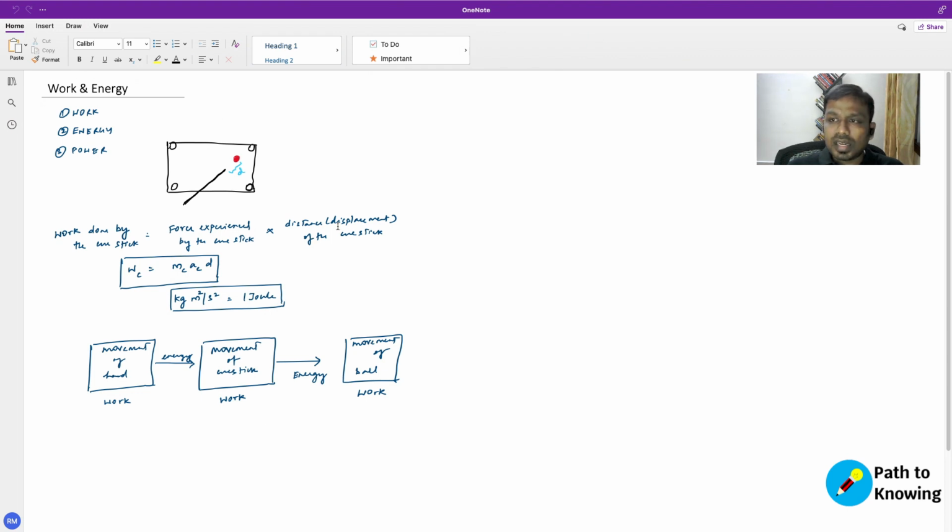in fact even force and displacement can be negative, right? Both have a direction aspect to it. So displacement also has a direction aspect to it.